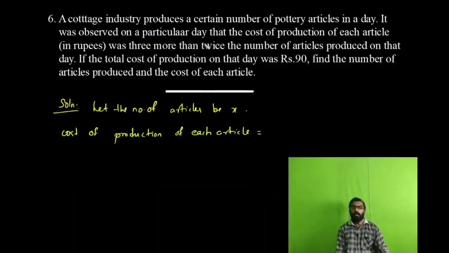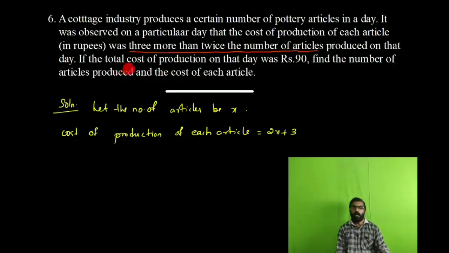It was observed on a particular day that the cost of production of each article was 3 more than twice the number of articles. Okay, it is 3 more than twice the number of articles. So here we can write 2x plus 3.